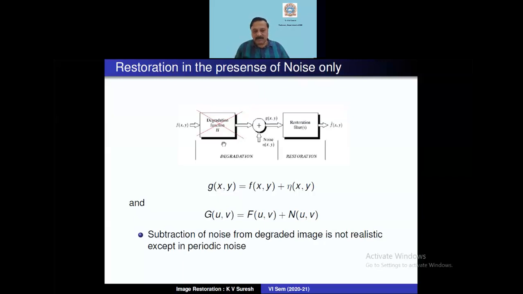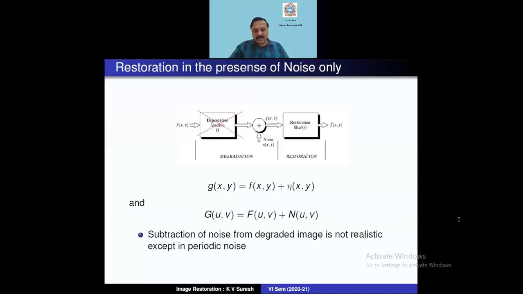I have already explained this. What should be the PSF of the system, so that my image appears at the output without any blurring? Output here is same as the input. What should be the PSF? Just in the previous class we discussed it.